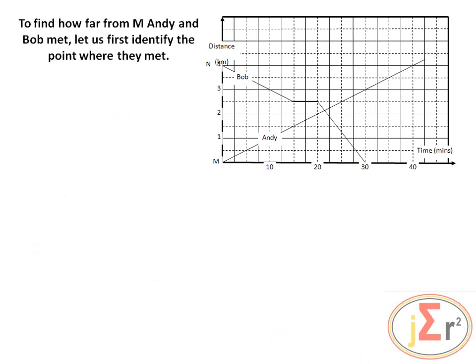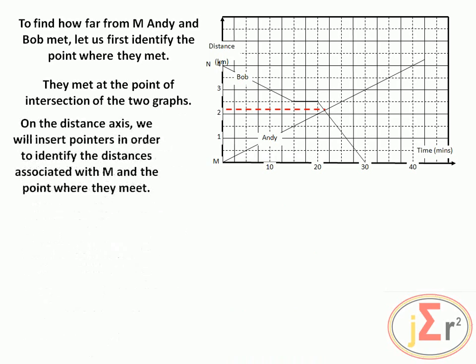To find how far from M Andy and Bob met, let us first identify the point where they met. So let us identify where the graphs cross each other. They meet at the point of intersection of the two graphs. On the distance axis, we will insert pointers in order to identify the distances associated with M and the point where they meet.